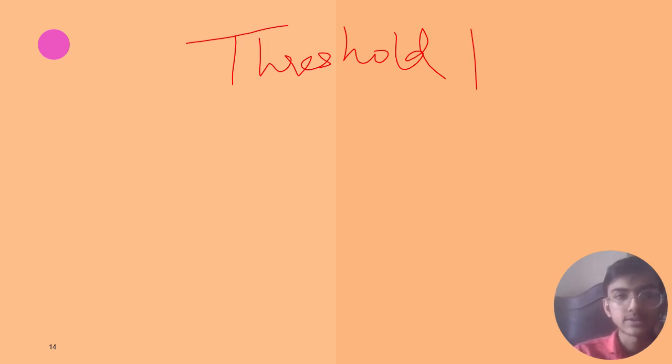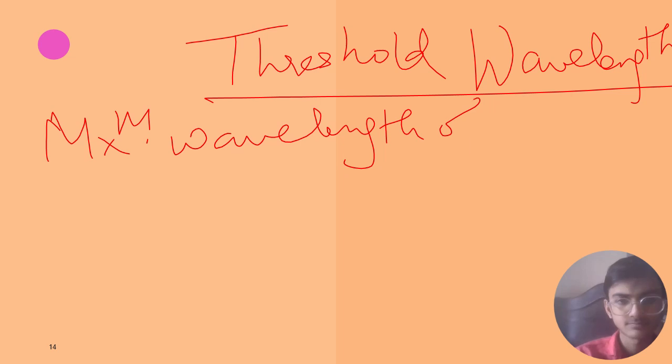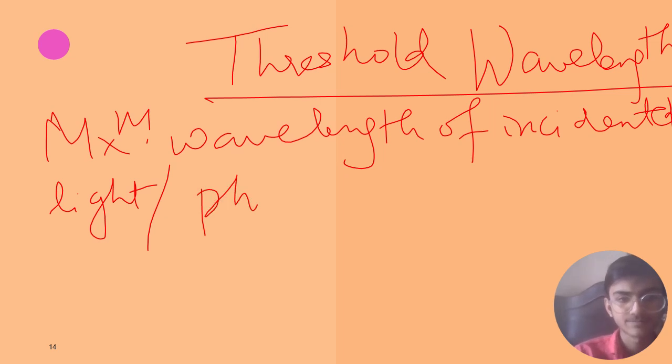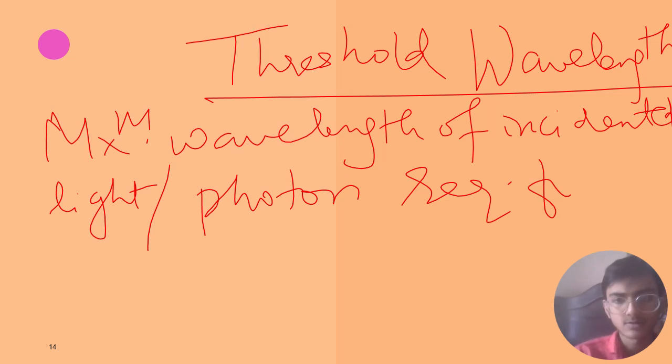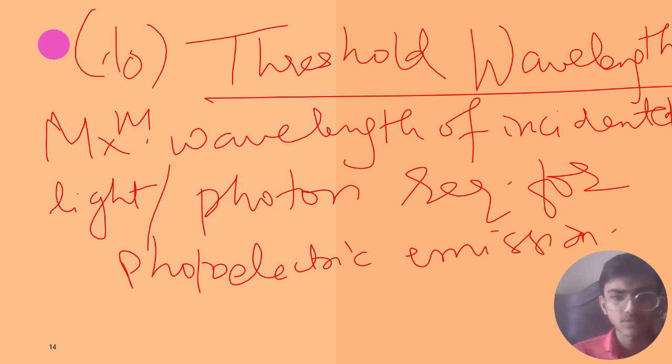So threshold wavelength: the maximum wavelength of incident light or photon required for photoelectric emission. Fine, this is lambda naught. So this was your threshold frequency and threshold wavelength.